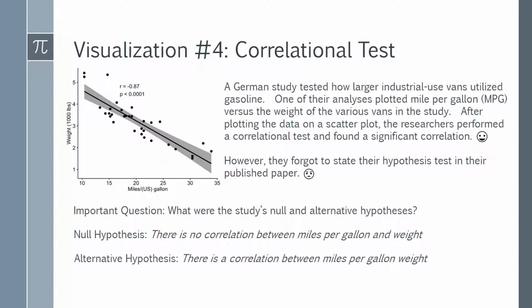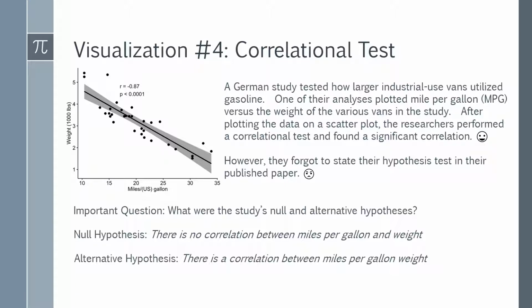When it comes to correlation testing, as you can see, the data is not represented as a bell curve, but as a plot, and it's plotted miles per gallon versus weight.